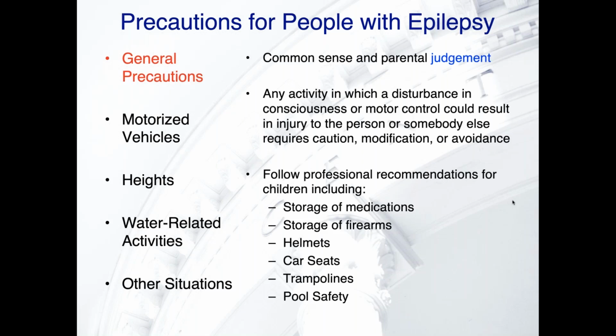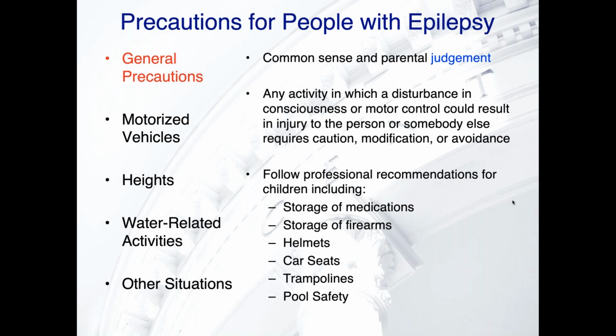I tell my families that really this comes down to common sense and parental judgment, and that whenever they or their child is going to participate in an activity where having a seizure that impaired motor control or impaired consciousness could cause injury to themselves or somebody else, they have to be cautious, modify, or avoid that behavior.